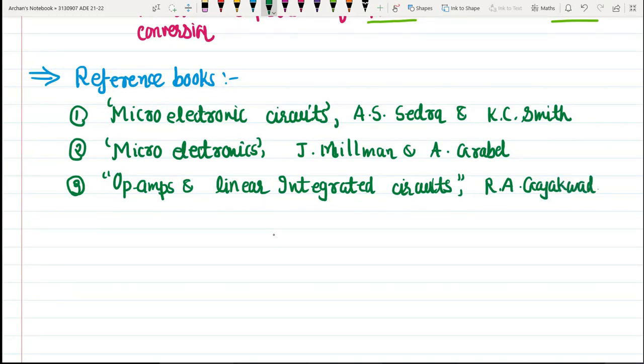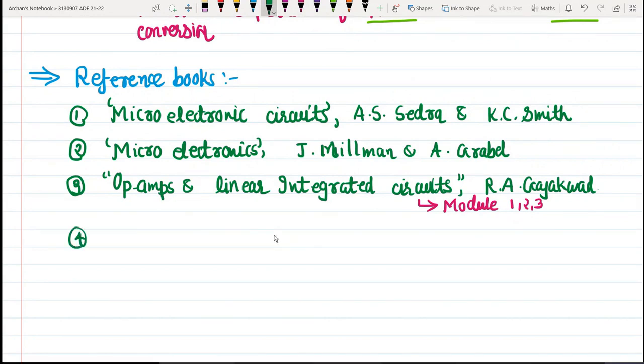Okay, so for our portion, if we talk about the syllabus according to GTU, then for module 1 and module 2, we are going to refer this book. Sorry, module 1, 2 and 3. For module 1, 2 and 3, you should refer this Ramakant Gayakwad book.